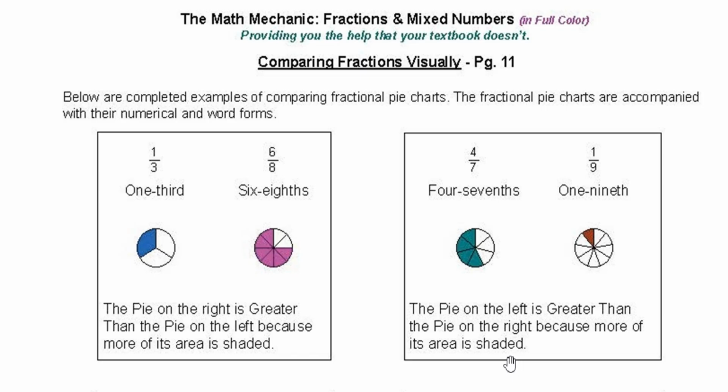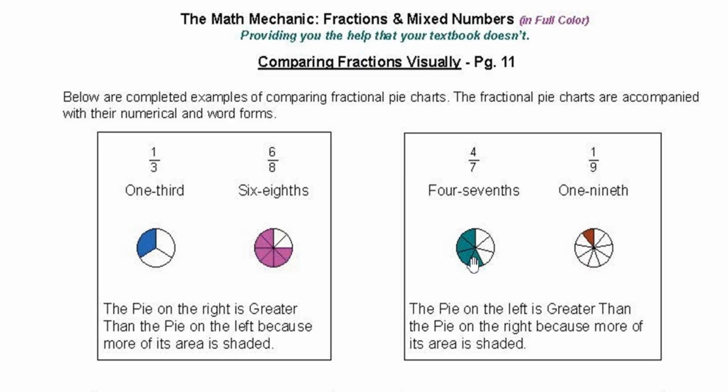I will repeat. The pie on the left is greater than the pie on the right because more of its area is shaded. Again, this is the pie on the left, and you see the amount of area shaded. And here's the pie on the right, and this is the amount of area shaded.